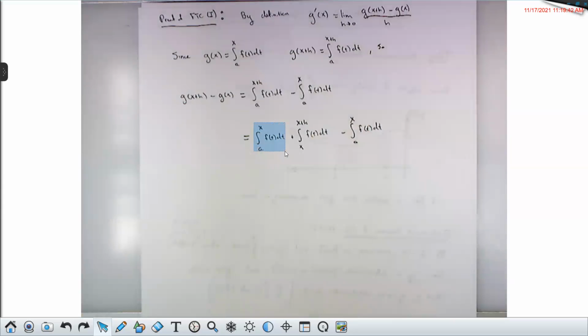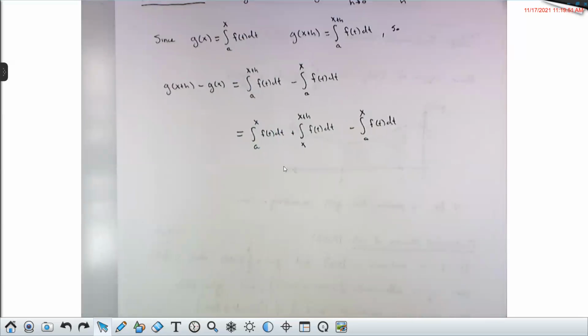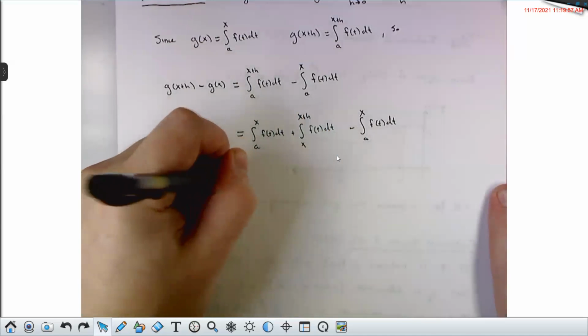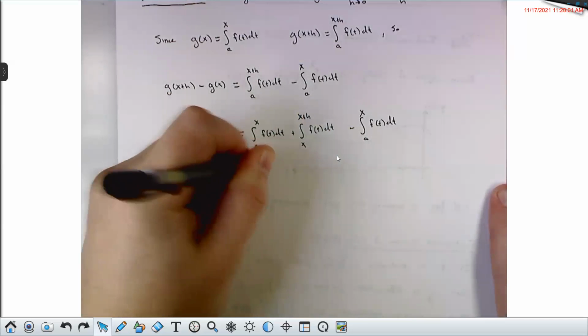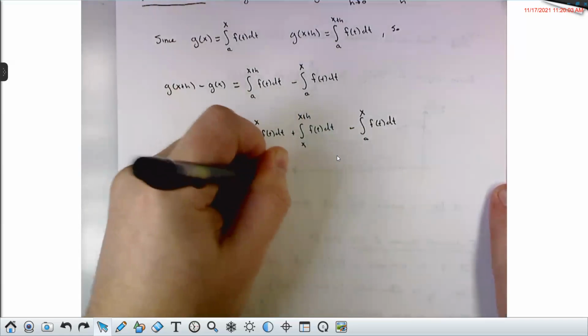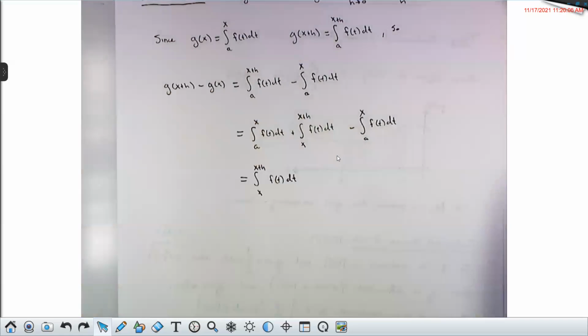What that means is this piece and this piece cancel, right? They're the same thing. It's just plus this thing minus that same thing. So we're just going to be left with the middle term, the integral from x to x plus h of f of t dt.